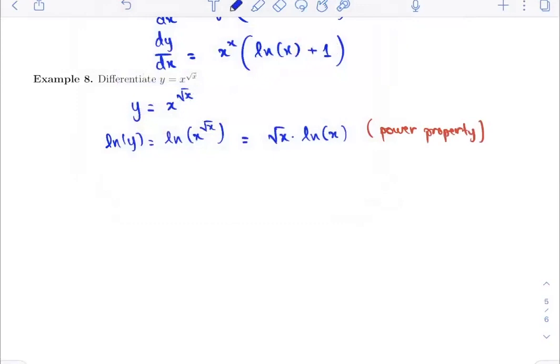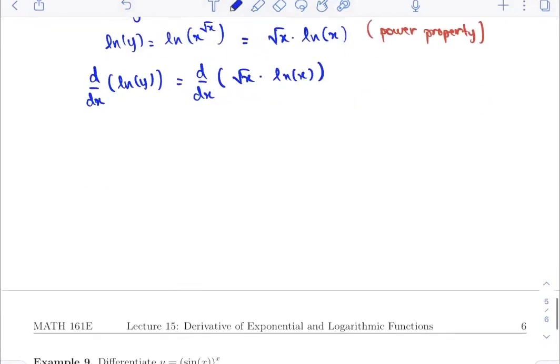The next step is to differentiate both sides of the equation with respect to x. This gives me d/dx of ln of y equal to d/dx of square root of x times ln of x. The left-hand side is always going to be the same: the derivative of ln of y with respect to x gives me 1 over y times dy/dx.